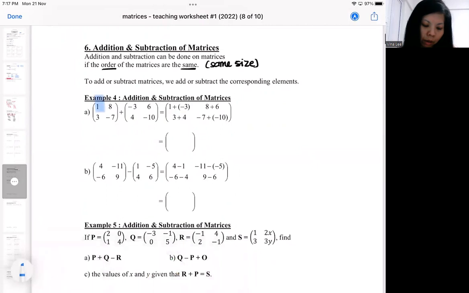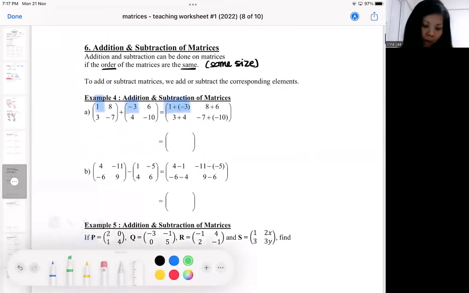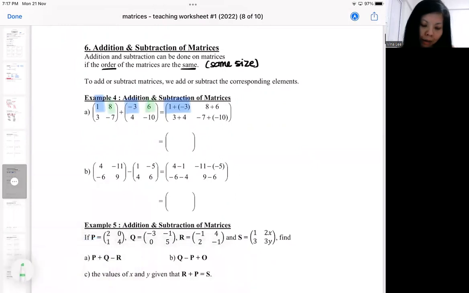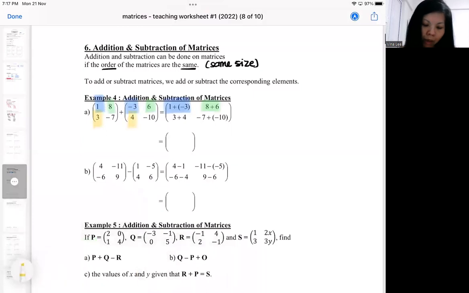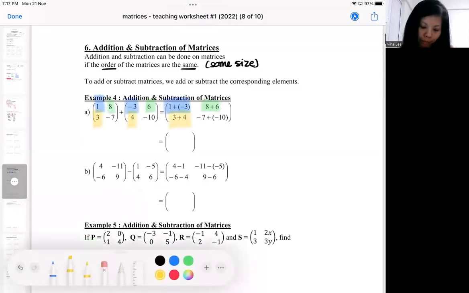So here, this is the one that I'm adding on. So some people may like to use highlighter. So I leave it up to you. So we add according to the position. Okay, not enough color.